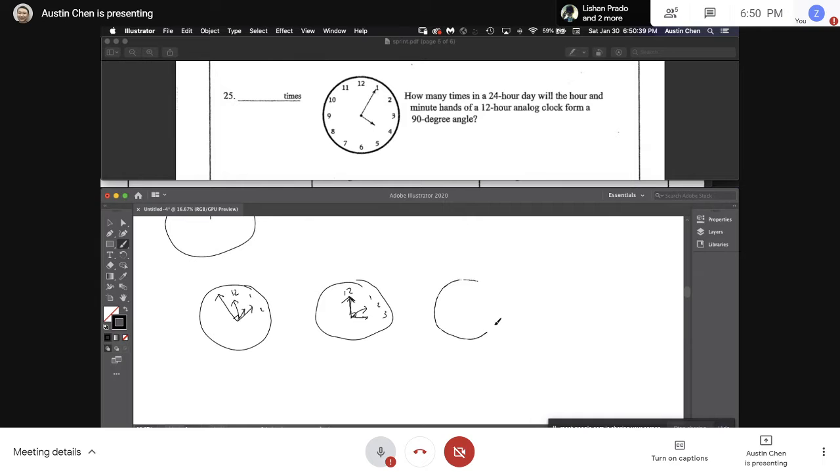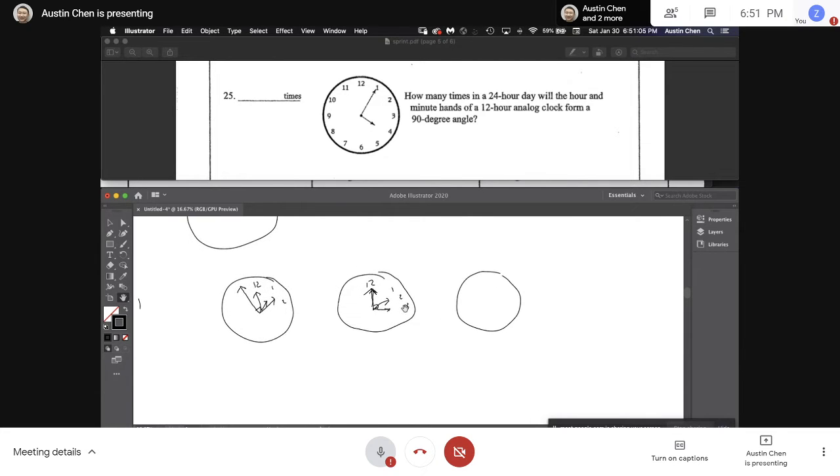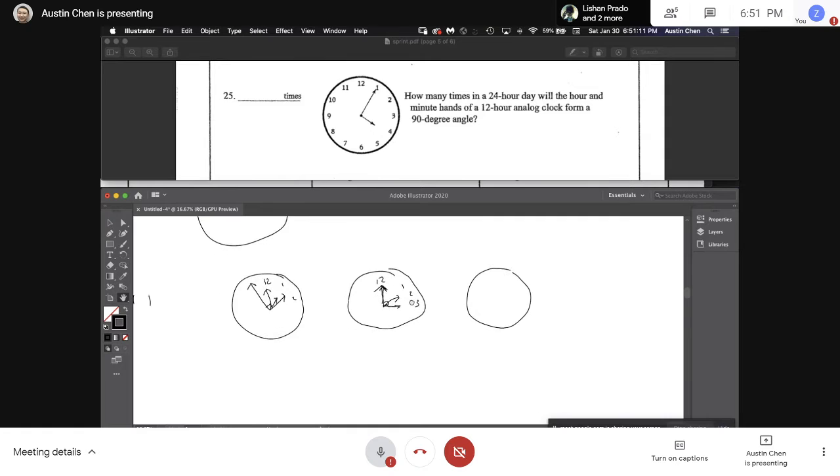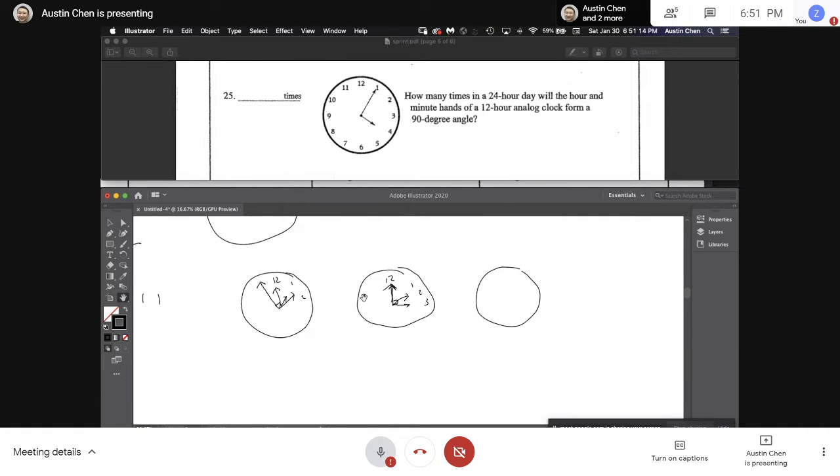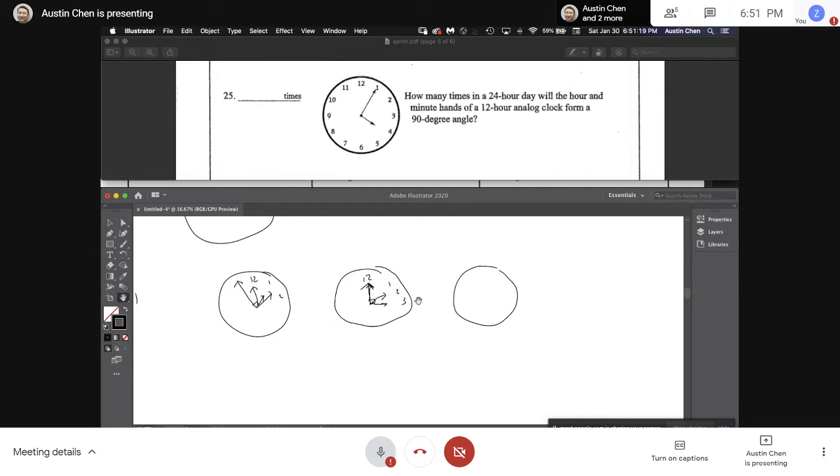And then on the third hour, we're not going to have any more right angles because this angle, as it moves from 12 to 3, is going to get smaller, and then as it goes beyond that, it's going to get larger and larger, and we're not going to hit another 90-degree angle until the minute hand crosses 12 again. So basically, the second hour skipped a right angle because when its right angle hit, it went to the third hour. I hope that makes sense.